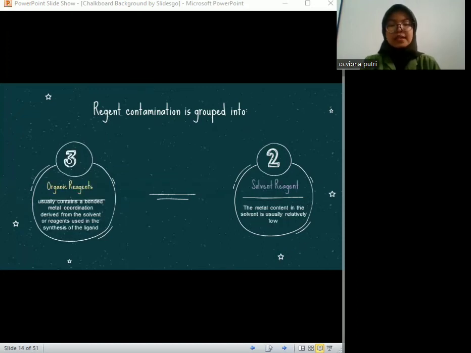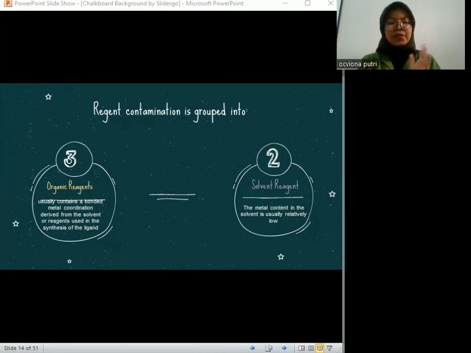The third is organic reagents. They usually contain a metal coordination complex derived from the solvent or reagents used in the synthesis of the ligand. What is a ligand? A ligand is a neutral ion or molecule that is able to coordinately bind to a central metal atom or ion in a complex compound.